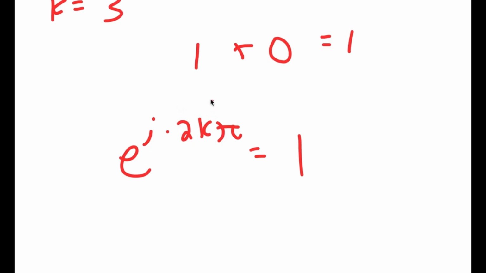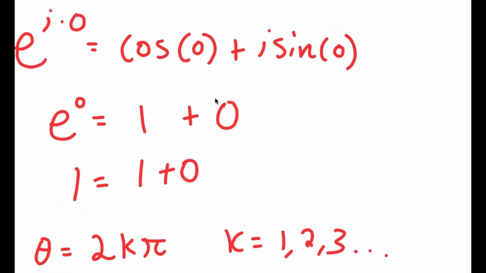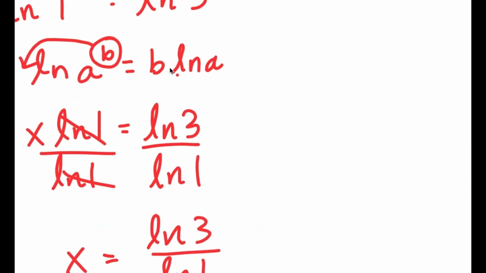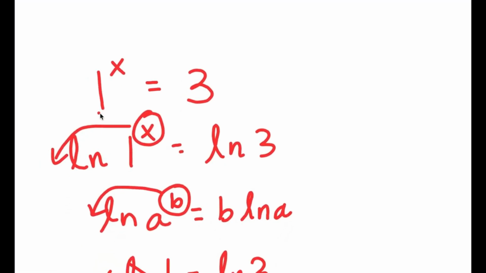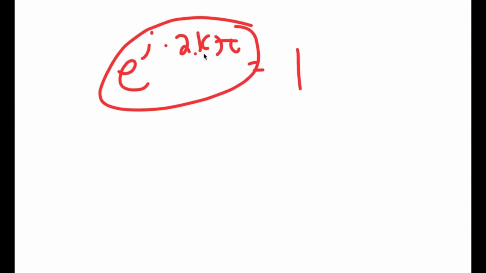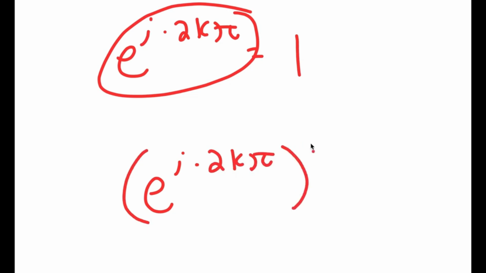So now this means that we can substitute this back into our original equation, which is 1 to the power of x is equal to 3. We can substitute in 1 for e to the power of i times 2k pi. So now I get e to the power of i times 2k pi, to the power of x, is equal to 3, and this is my new equation.